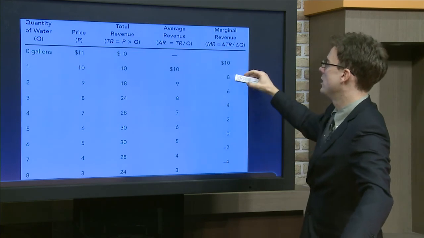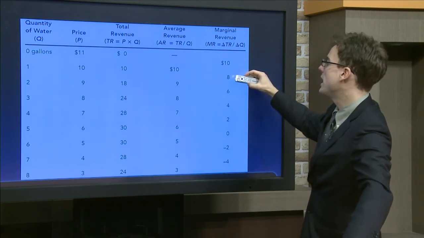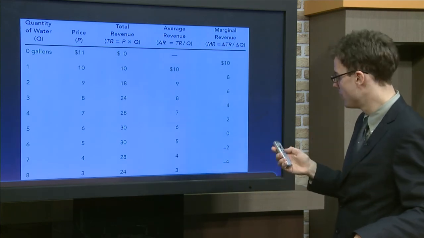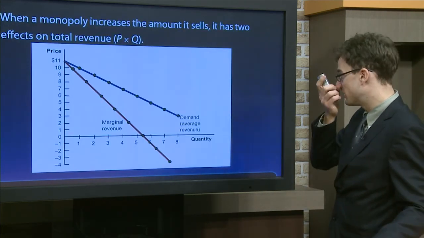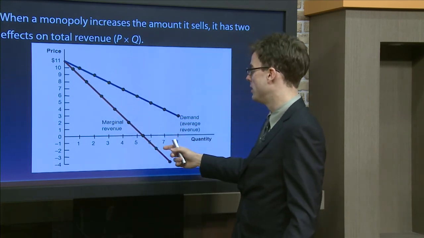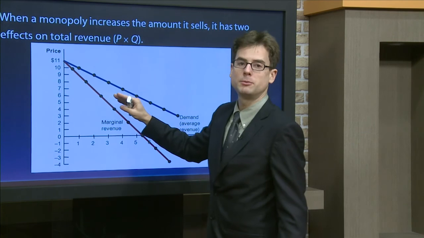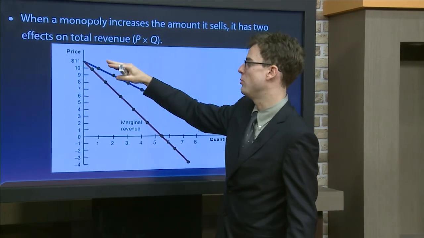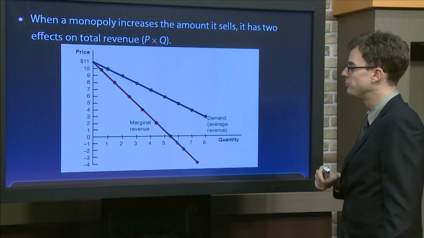And its additional revenue is only $8 rather than $9, which is the price. So graphically, we can summarize that marginal revenues of a monopolist are strictly below the price line or the demand curve in the market.